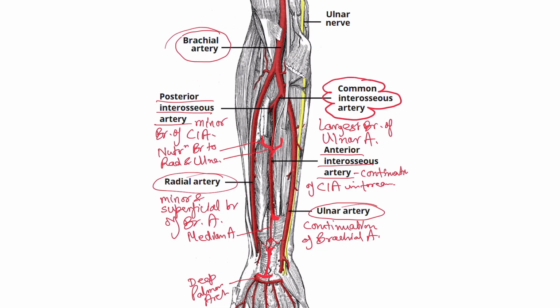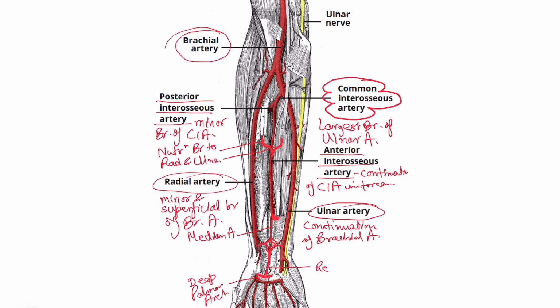Then from the two sides also, from the radial artery a transverse branch and from the ulnar artery also a transverse branch reaches here to participate in this anastomosis, and these are called the palmar carpal branches from radial and ulnar artery.